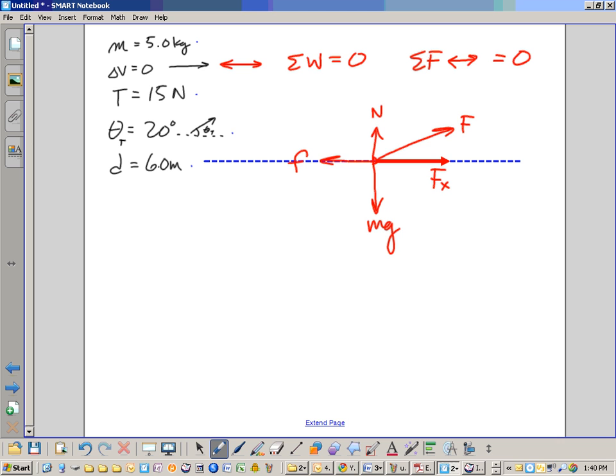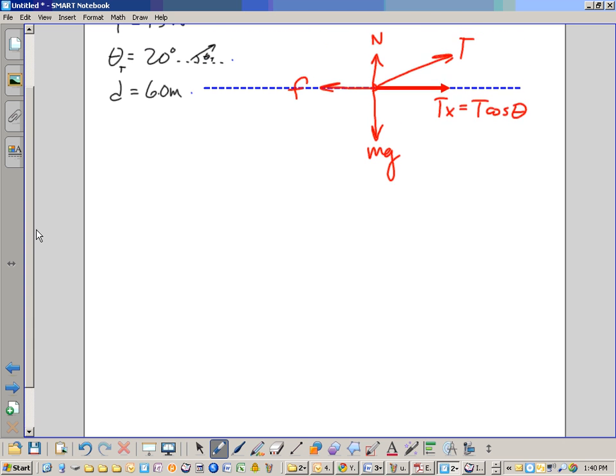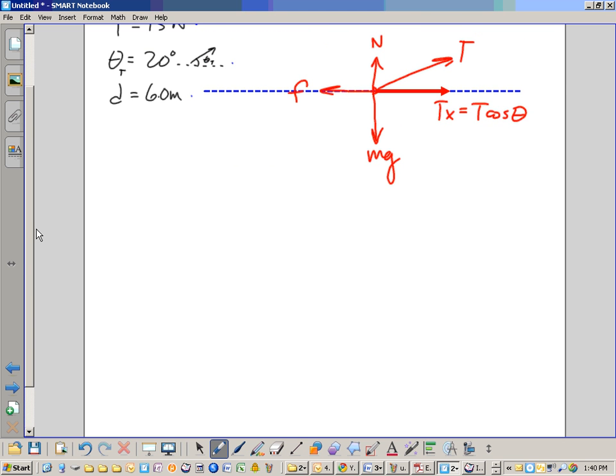That's just F cosine, oh, that's T, I should have made it T. Sorry about that. We decided to call that tension, so Tx is equal to T cosine theta. We're not looking at the work, we're just making the net force in the x direction equal to 0 to ensure that the velocity is constant.